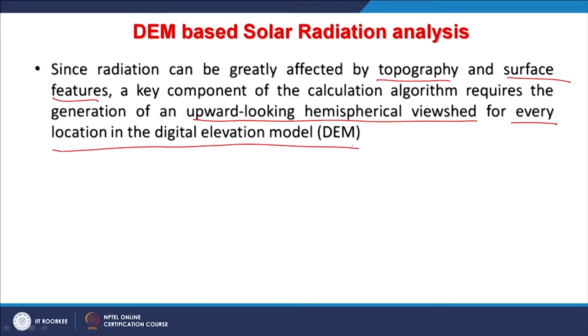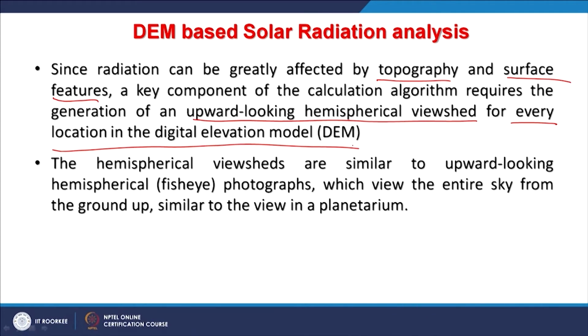That means every cell of our grid, that is the digital elevation model. This hemispherical viewshed is similar to upward looking hemispherical or fisheye photographs. That means a very wide angle view is available, which views the entire sky from the ground up, similar to the view in a planetarium.